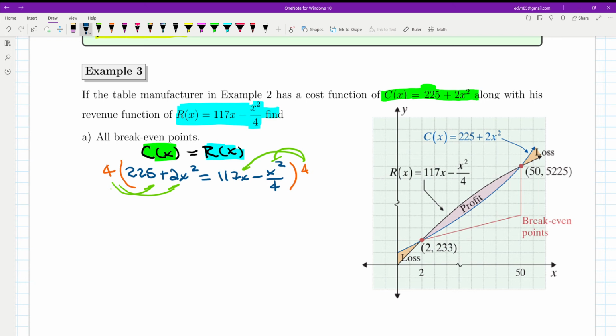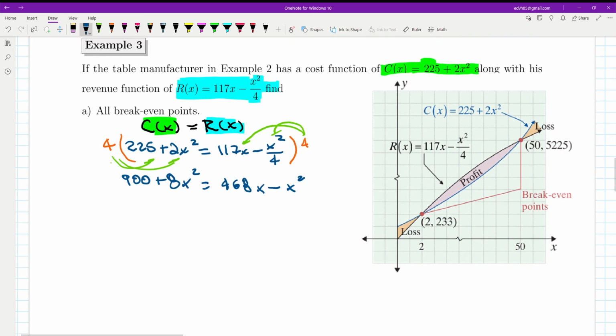So 225 times 4 is going to give us 900. 900 plus 8x squared equals 117x times 4, which is, oh, actually, 468x minus x squared.